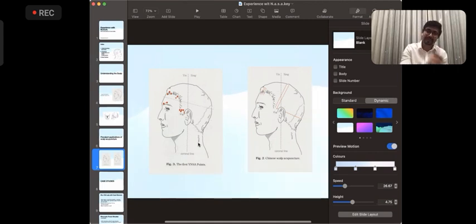But what the Japanese system found was there were specific points of pain or sensitivity on the scalp associated with a particular region of the body. For example, if you have lower back pain, the point D in the YNSA system used to be very active.